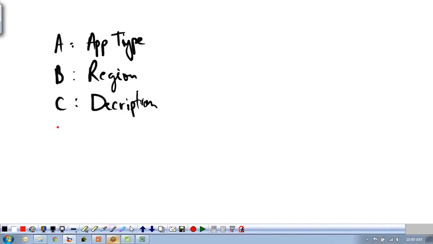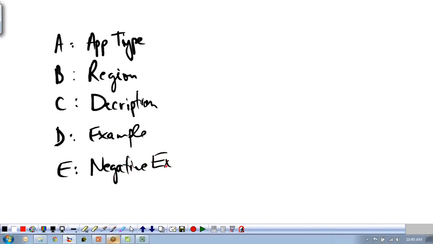I'll get to what these are specifically. D was example, and E was negative example. So essentially they came up with basically three solutions.